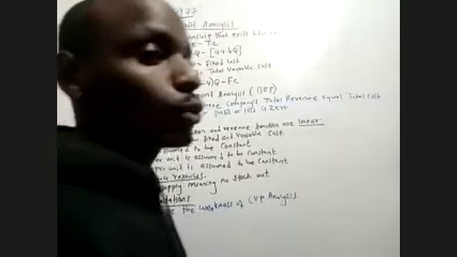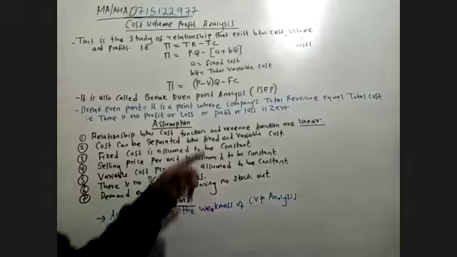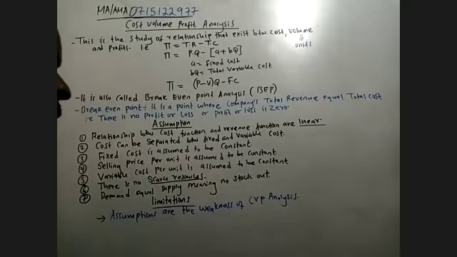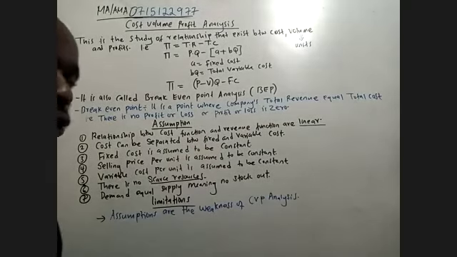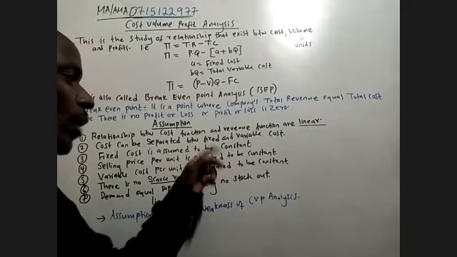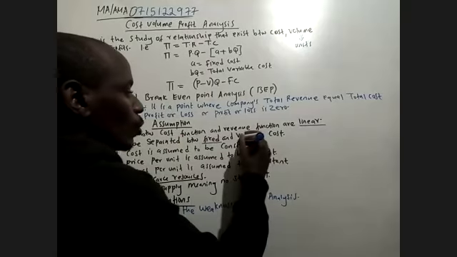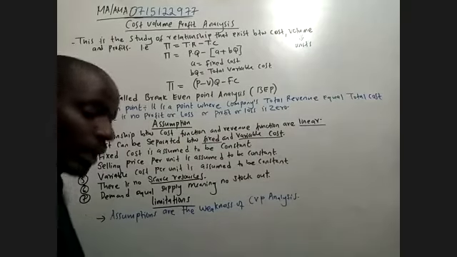Now, number two, fixed costs can be separated from the variable cost, or fixed costs can be separated from total cost. Also, variable costs can be separated from total cost. In short, you can easily determine which components form fixed cost, which items form variable cost.